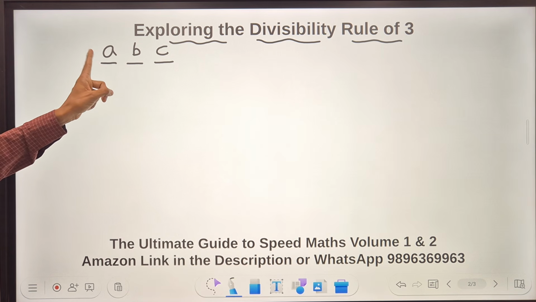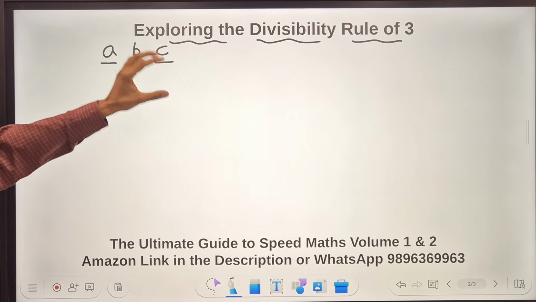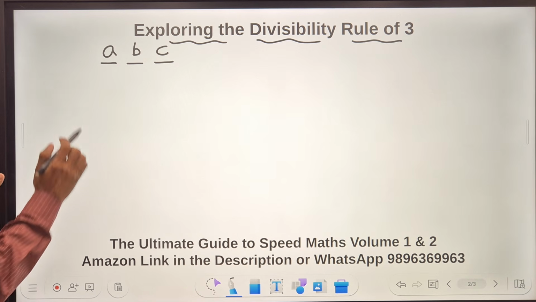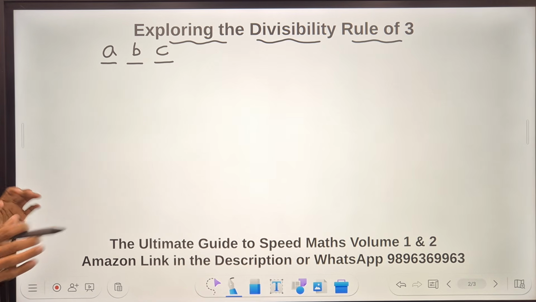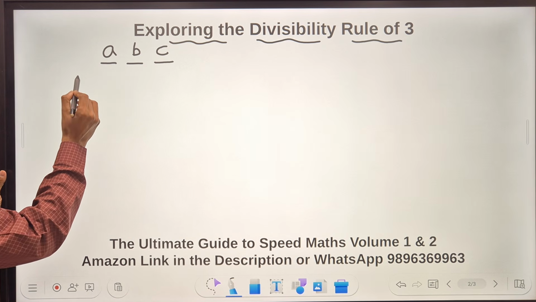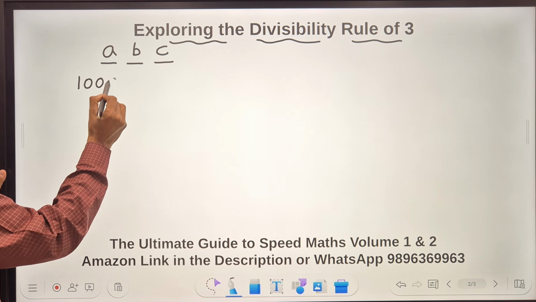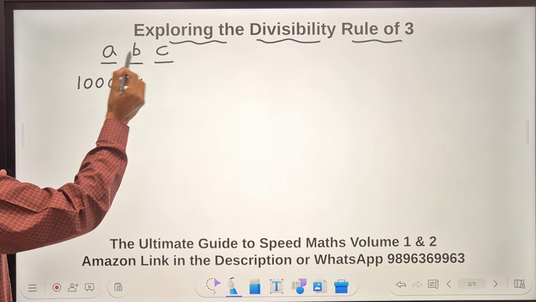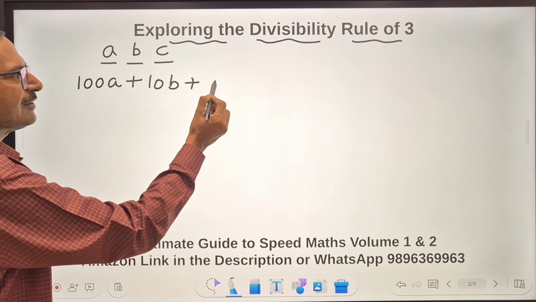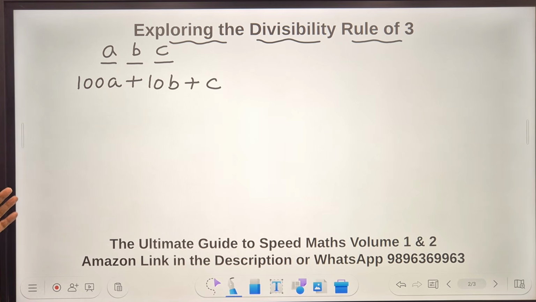So I have to add A plus B plus C and check whether that number is divisible by 3 or not. So how do you write the number in expanded notation? Let's understand the expanded notation. This is at the 100th place, so I have to write it as 100A. This is at the 10th place, so 10B. And this is C, which is at the 1st place, so plus C.